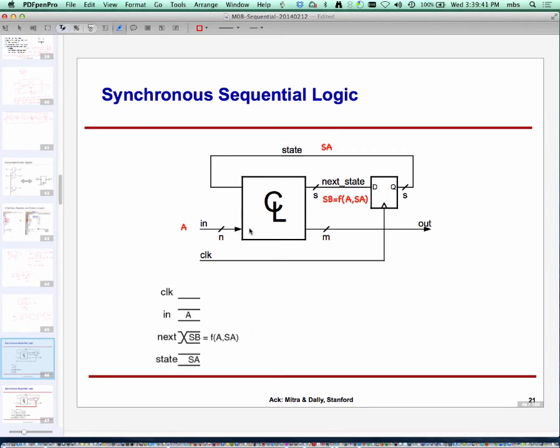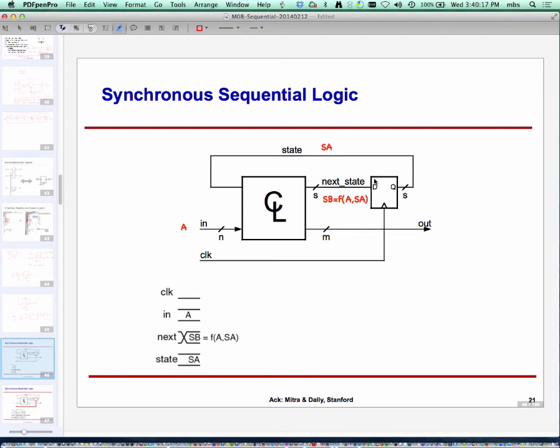Now let's see how this thing will play out over time if I look at a specific system scenario. Let's say when I start out, in is A, some n-bit value. The output of this combinational logic, let's call it SB, is f of A comma SA, because it is some function of A, the input, and SA, the current state.